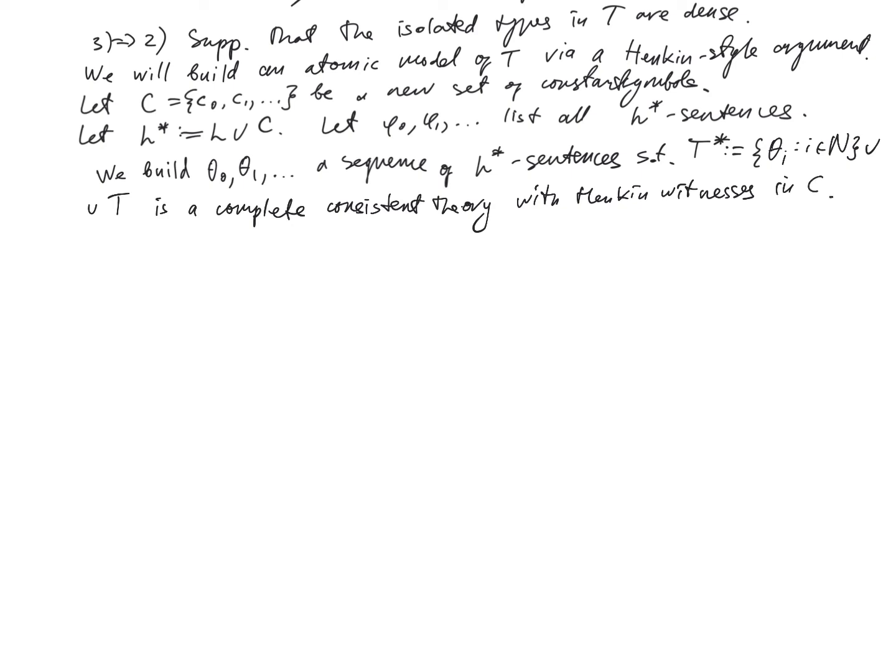And we will do it in such a way that the canonical model of T star, namely the model with the base set given by the interpretations of the constant symbols in C, is atomic. So that the canonical model of T star is atomic.